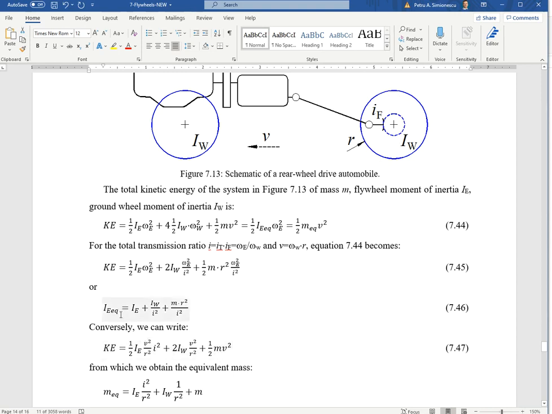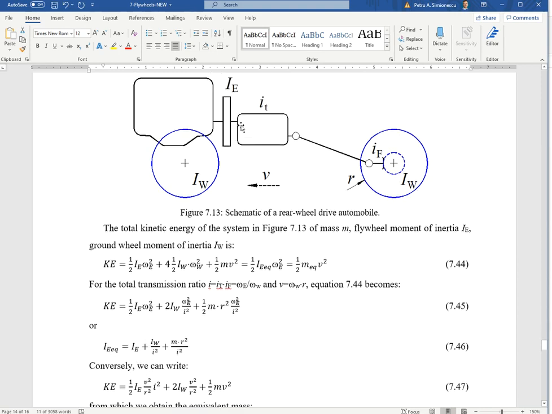the equivalent moment of inertia at the crankshaft lumped with the flywheel is going to take the mass of the vehicle and amplify it by the radius of the wheel squared and divide by the total transmission ratio squared.